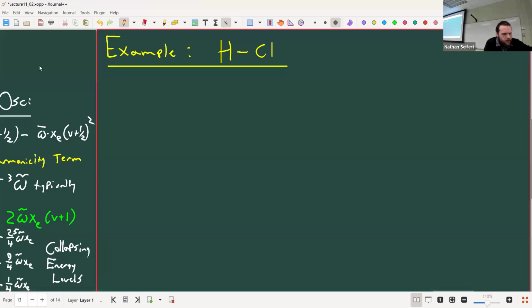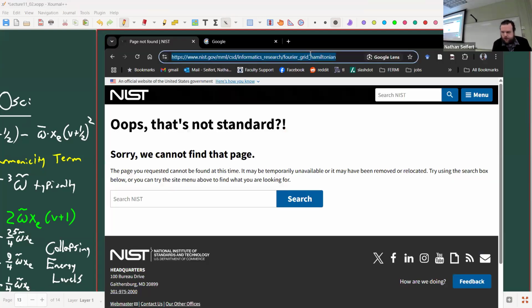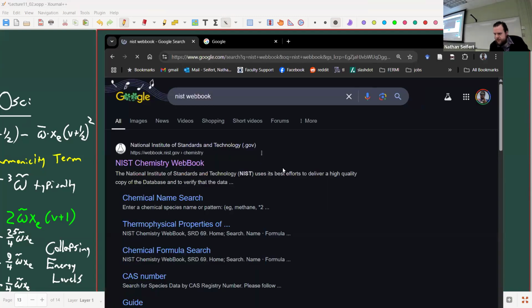And I'll just show you on NIST, you can actually pull up some useful information about these molecules. Let me go ahead and bring it over here real quick. So let me show you the NIST webbook.